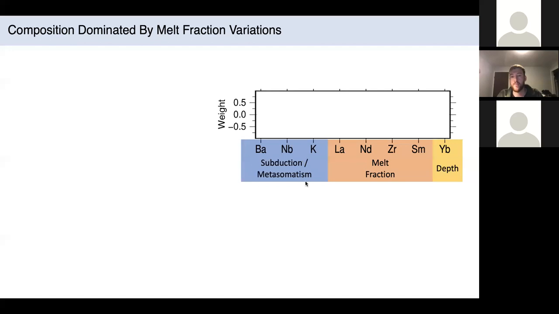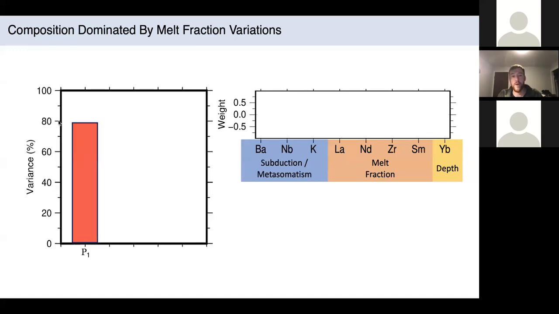So if subduction and metasomatism are key factors, we will have high barium, potassium, and low niobium. Then we have a series of elements principally affected by melt fraction, including lanthanum and samarium. And finally, we include ytterbium, which is sensitive to whether garnet is present within the mantle. So this is most sensitive to the depth at which melting occurs.